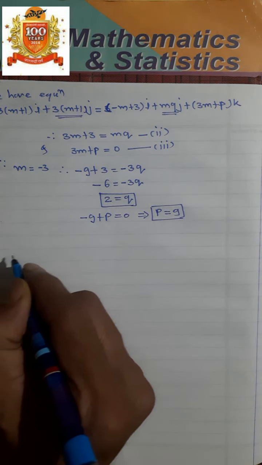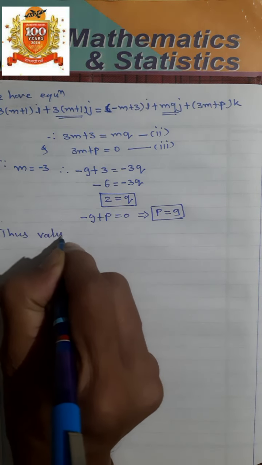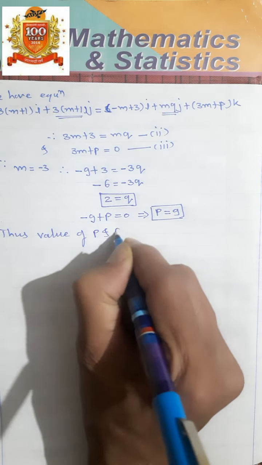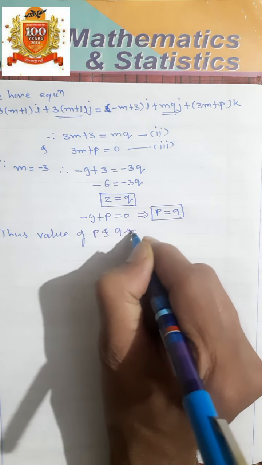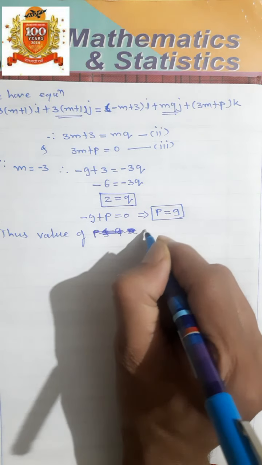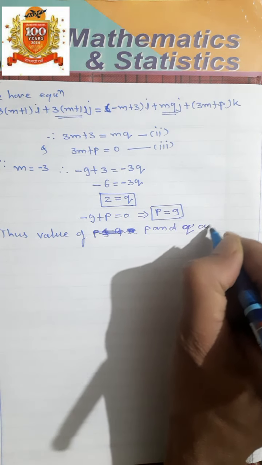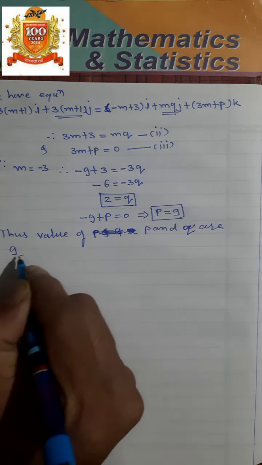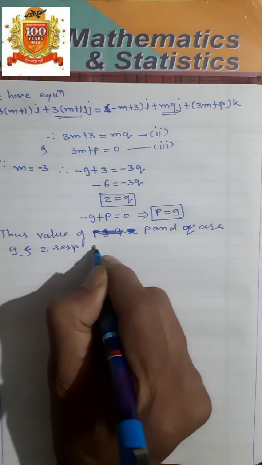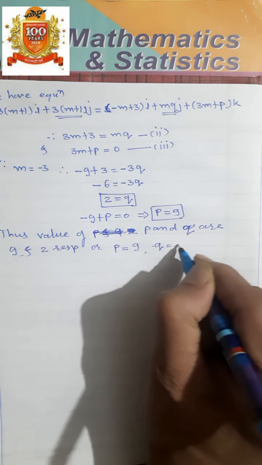Thus, values of p and q are 9 and 2 respectively, or p is equal to 9, q is equal to 2.